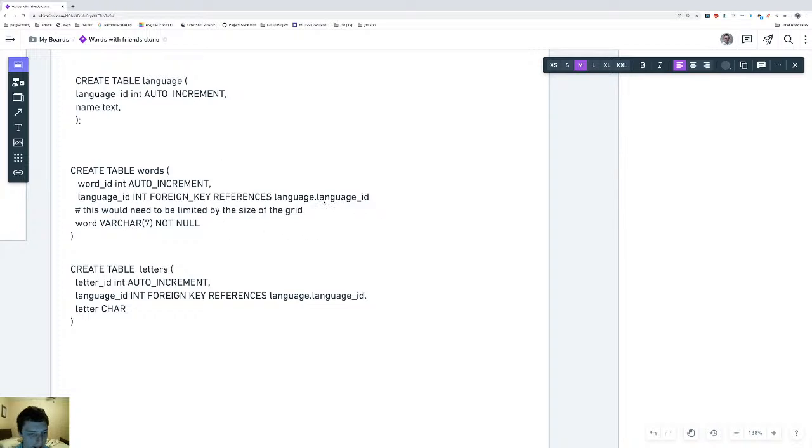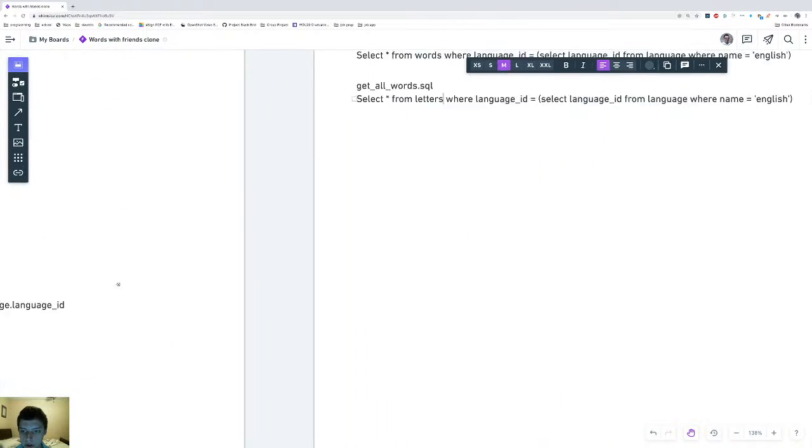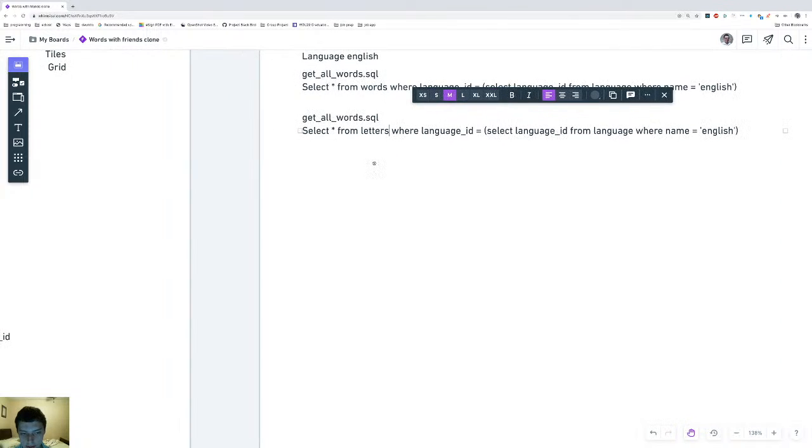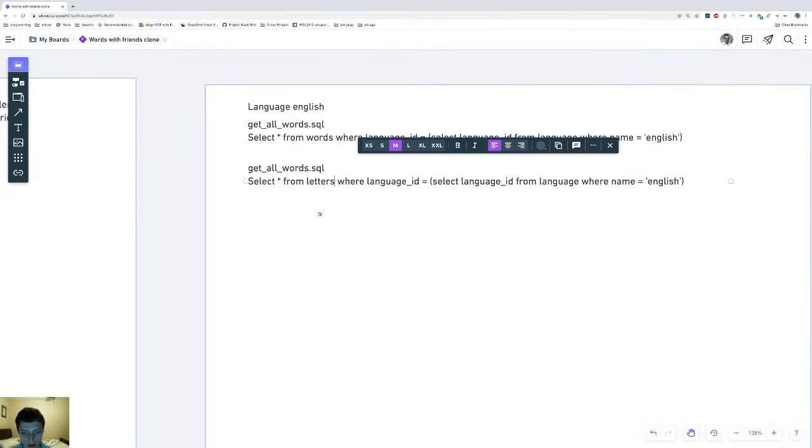Or perhaps, not sure if this is standard, but maybe you could put language name on the words and letters tables themselves. We'd have to keep them updated somehow, but this would remove the lookup for their language.